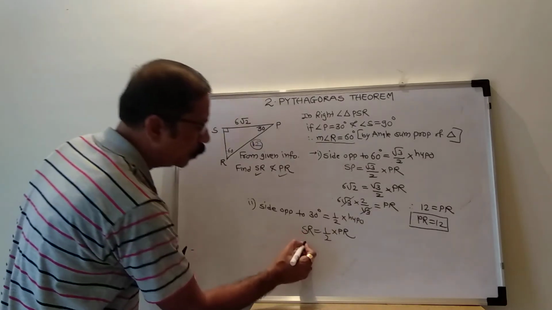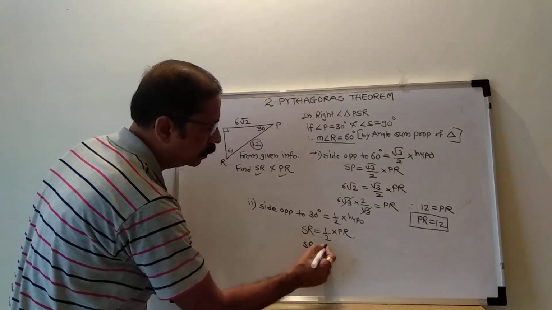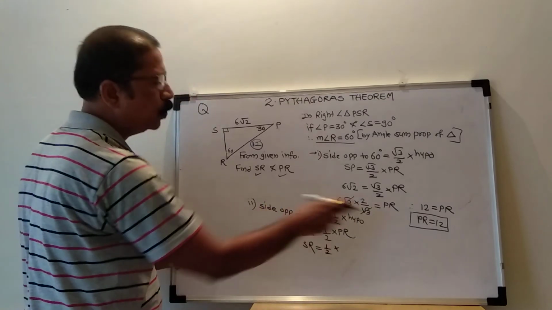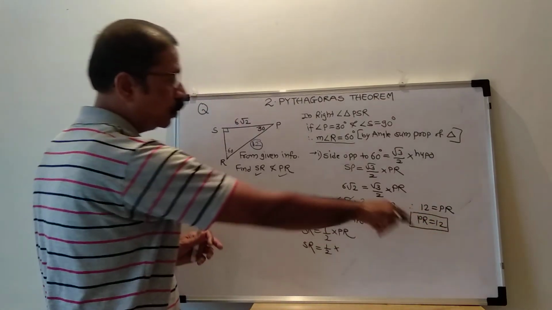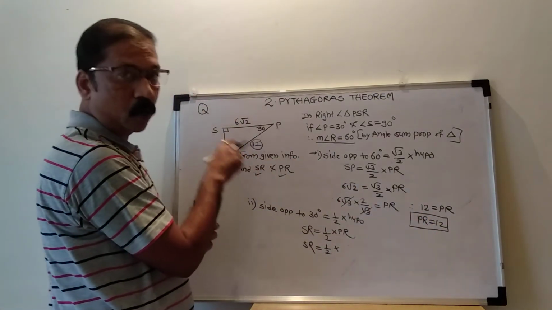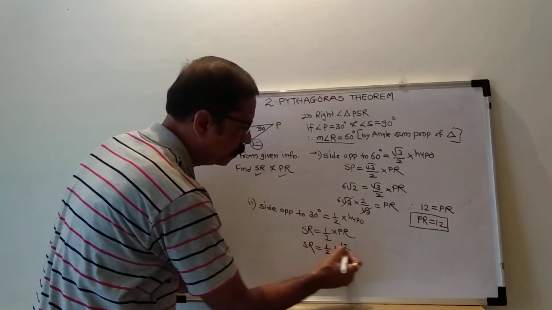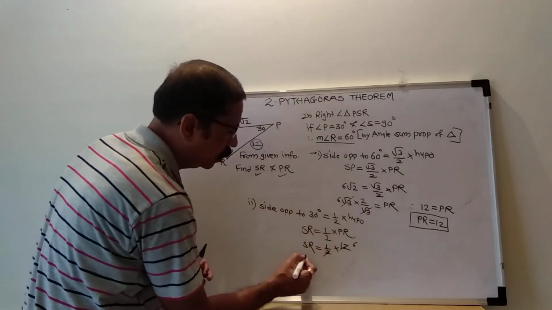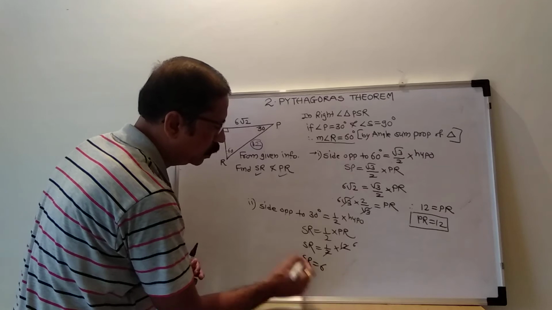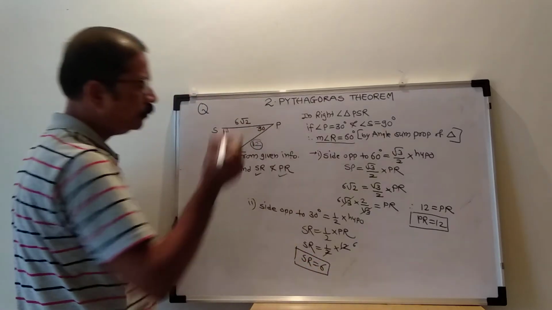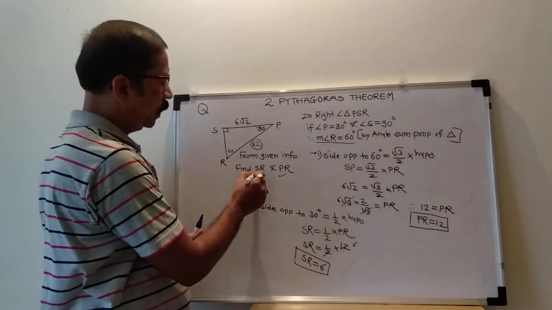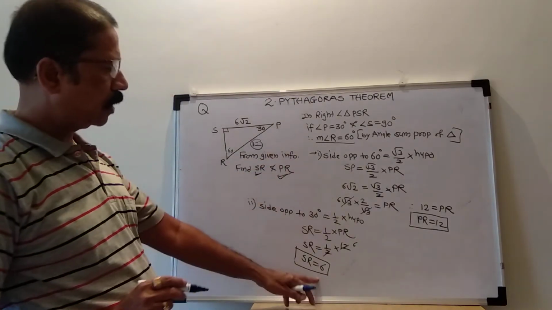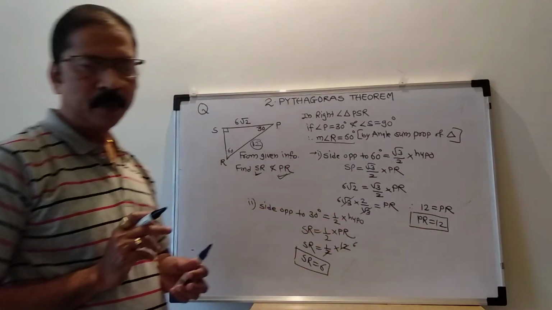Now in this formula, to find SR you take half into PR, which you calculated as 12. Substitute that value, because you have already calculated the hypotenuse as 12. 2 6s are 12. Therefore, SR is equal to 6. Like this, you calculated SR and PR. SR is 6, PR is 12.